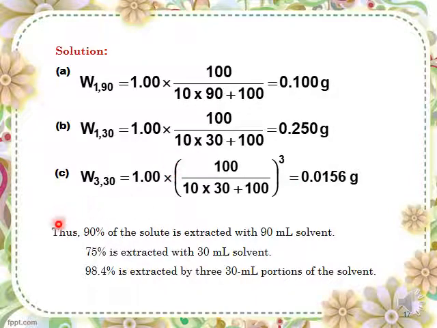So the first one is 90% efficiency, the second one 75% efficiency, and the third one is 98.4% efficiency. So the third one, C, is more efficient at getting the solute partitioned into the solvent.